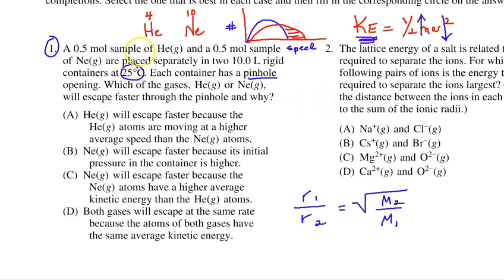So because helium is a lighter gas, its mass is lower, it's going to have a higher velocity. You could see it like this, or think of it that way. So the lighter gas goes faster. So helium will escape faster because helium atoms are moving at a higher average speed than neon, and that's the best answer for number one.